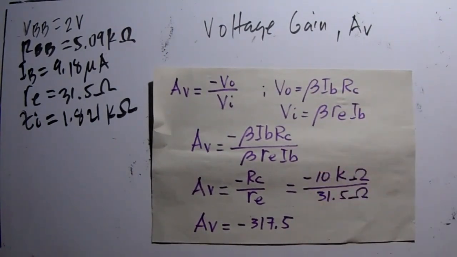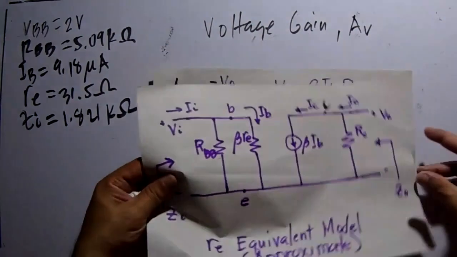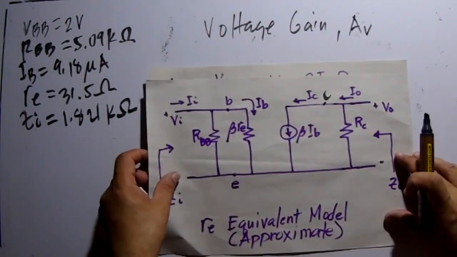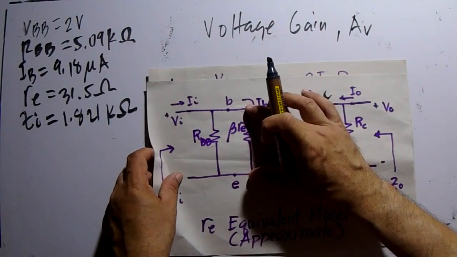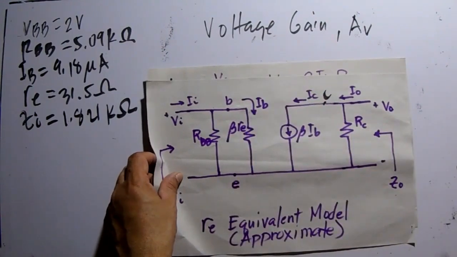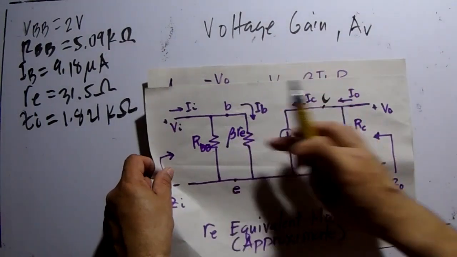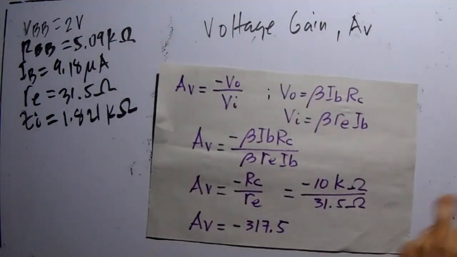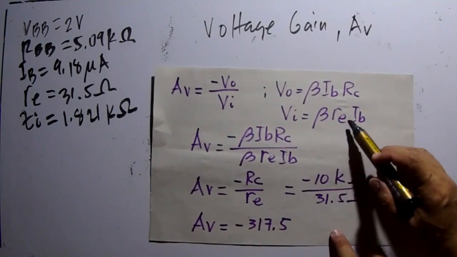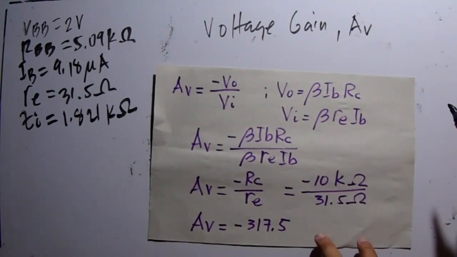And VI is the voltage across base and emitter, which is simply the current IB multiplied by beta RE. VI is beta RE multiplied by IB.